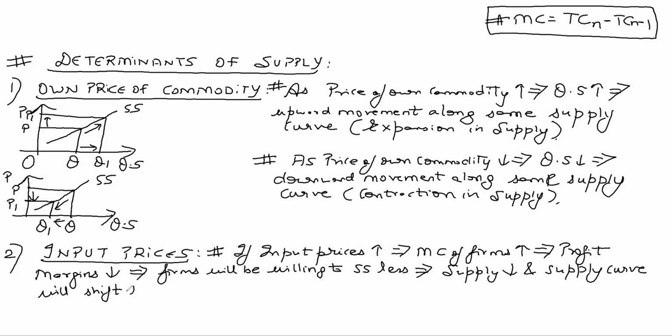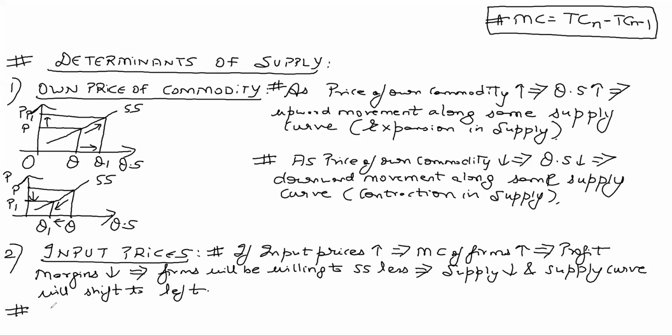Now the supply curve itself will shift. Always remember, only change in the own price of a commodity will cause movement along the supply curve. Every other factor will shift the supply curve, either to the right or to the left. So if input prices go up, marginal cost goes up, profit margins go down, firms will be willing to supply less. Supply of the commodity will fall at the same price and the supply curve will shift to the left.